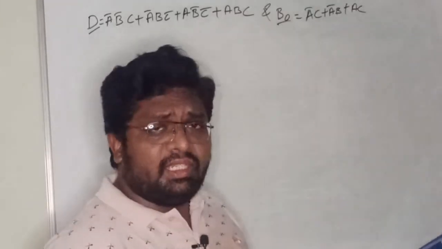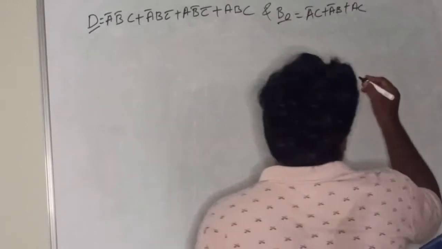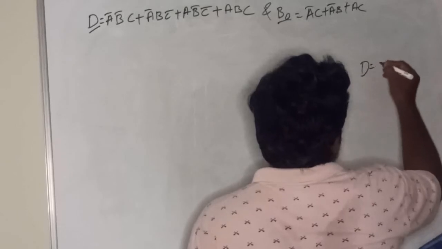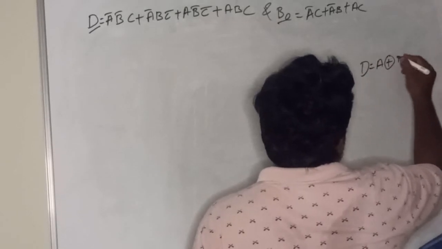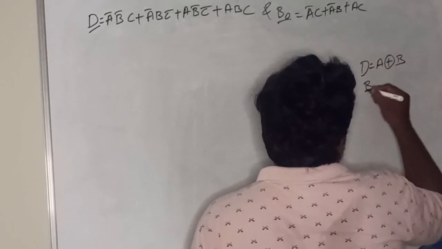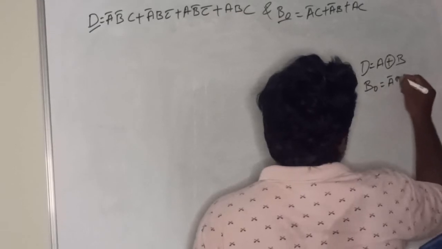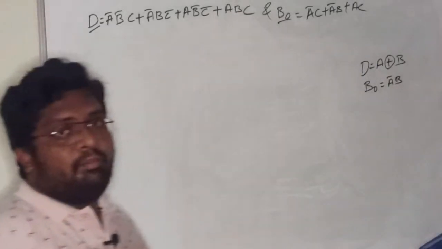As we have seen in the half subtractor, the difference is A XOR B, and the borrow B naught is equal to A complement B.